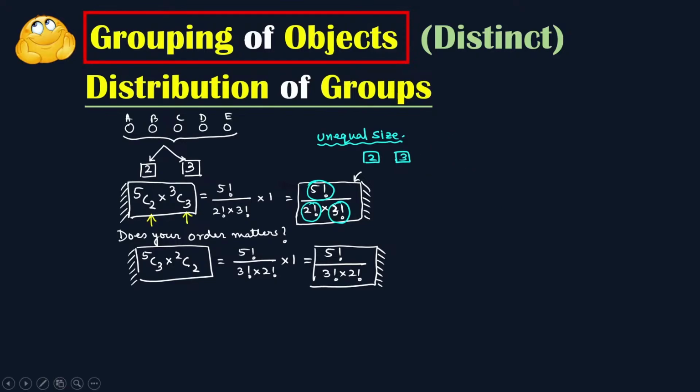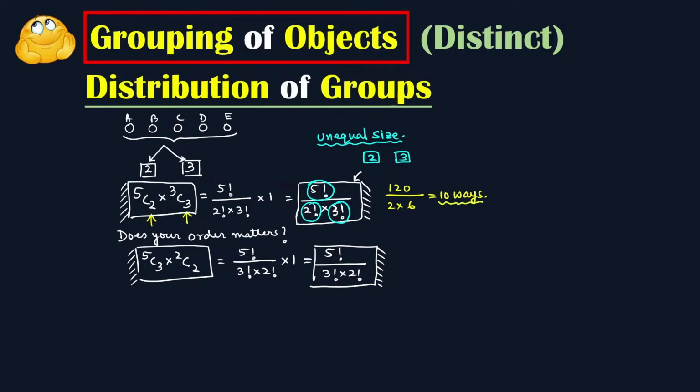Now in this example, we have seen that we have grouped objects into 2 groups containing 2 objects and 3 objects. In how many different ways? Factorial 5 divided by factorial 2 into factorial 3. So that gives us 10 ways, right?